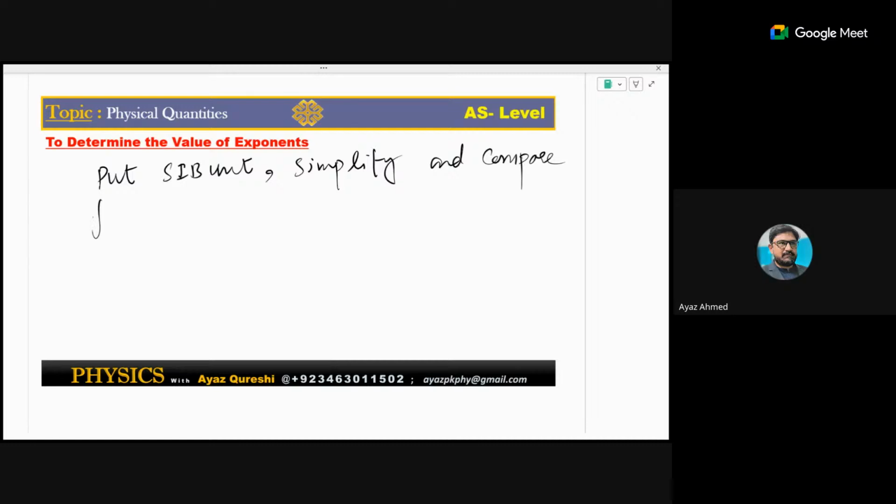Compare for power, power meaning for individual variables. I will solve one of them and then it will help you out.